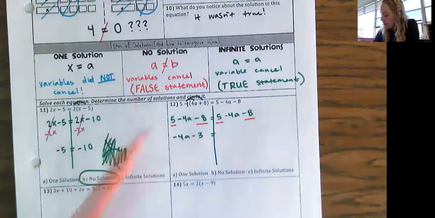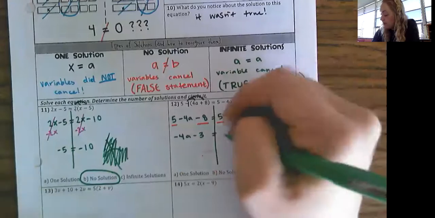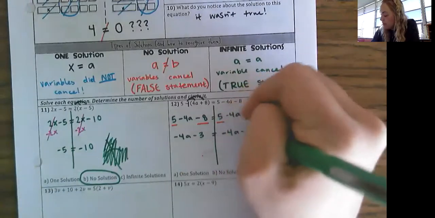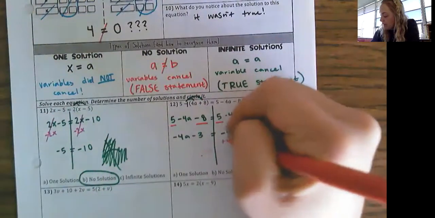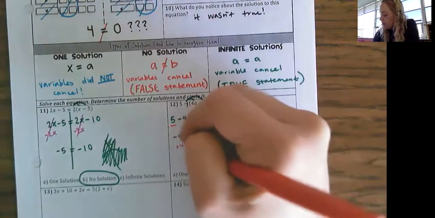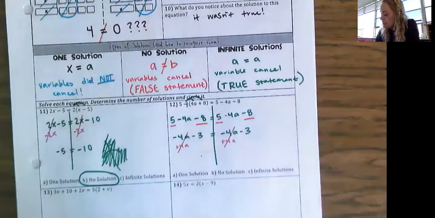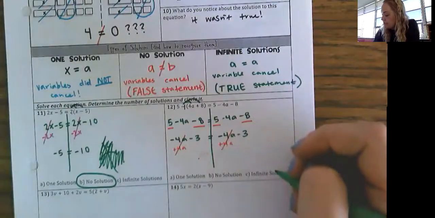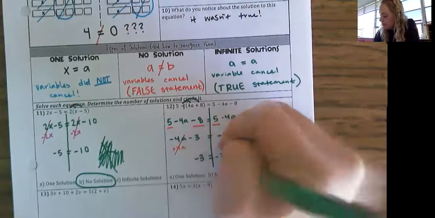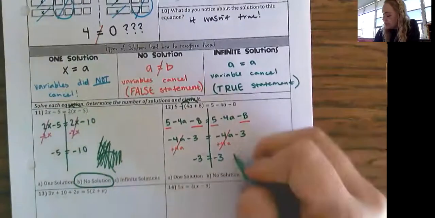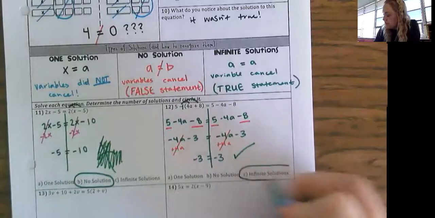So I have negative 4a minus 3. I can get the a's to the same side, add 4a, and when I do that, I get my variables gone. So -3 equals -3. That's a true statement. Infinite solutions.